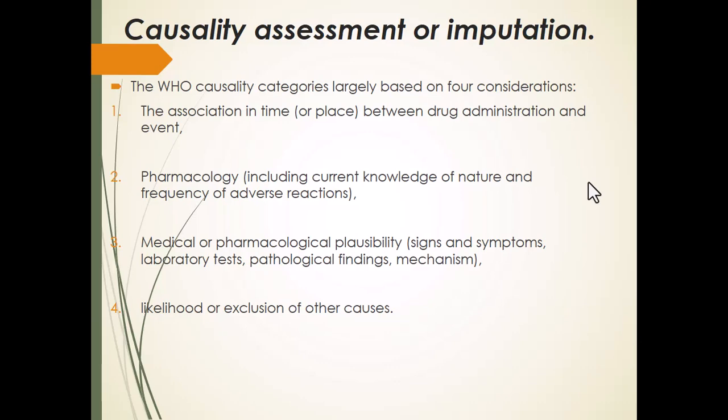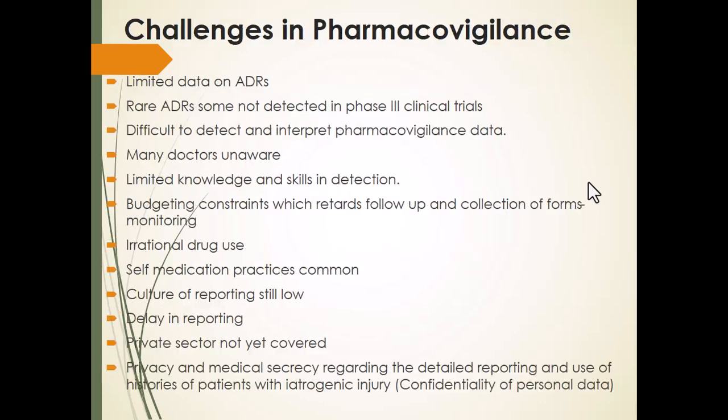Pharmacology, where you're looking at including current knowledge of the nature and the frequency of the diverse reaction that you have presented. Medical or pharmacological signs and symptoms, laboratory tests, pathophysiological findings and mechanisms also have to be put into consideration. The likelihood or exclusion of other causes need to be put into place.